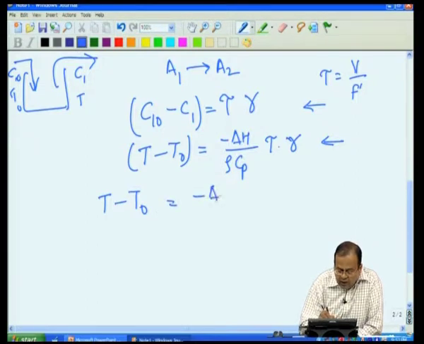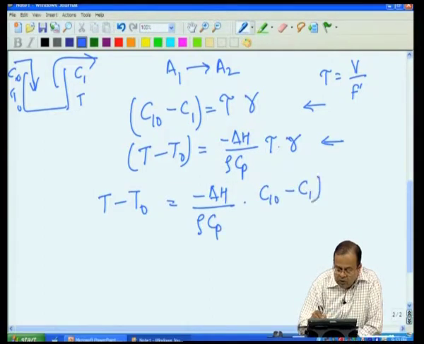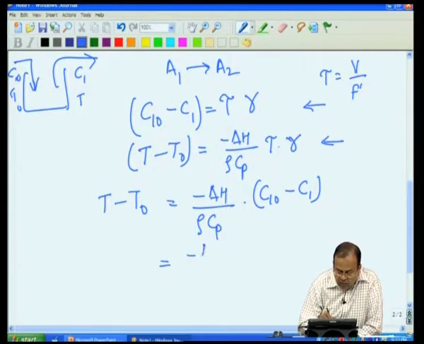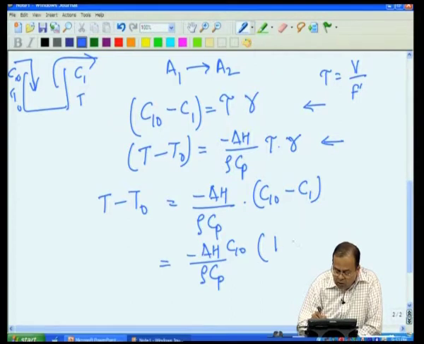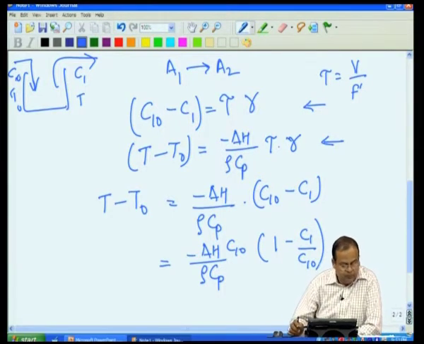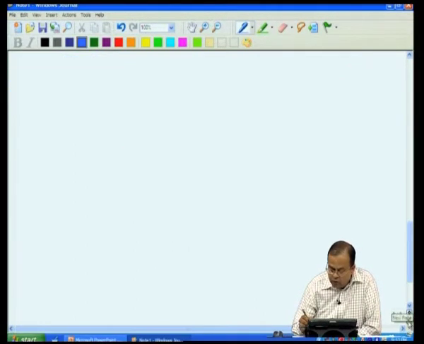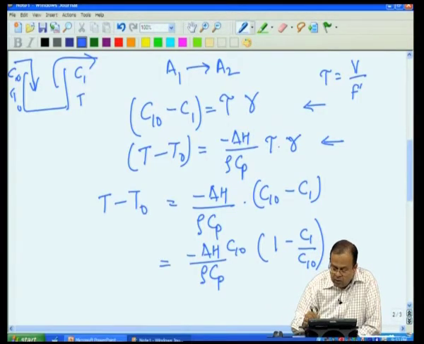So, we can write delta H by rho Cp into C10 minus C1, that is, instead of tau R, we write C10 minus C1, which I can further simplify as minus delta H into C10 by rho Cp into 1 minus C1 by C10, or C10 minus C1 by C10, which according to our definition of conversion is nothing but the conversion.